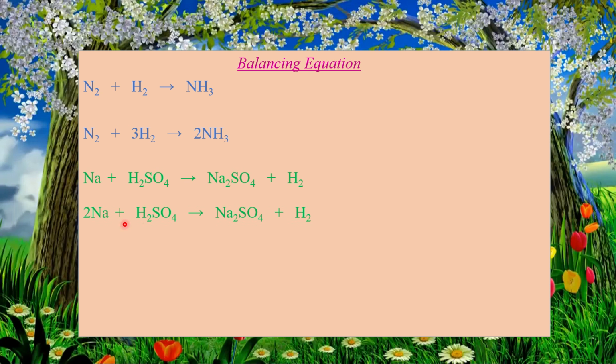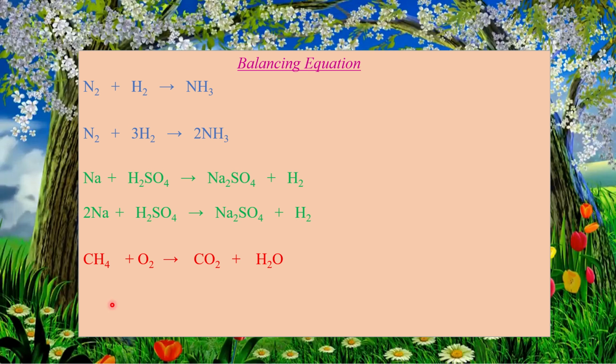So the balanced reaction is 2 sodium plus sulfuric acid gives sodium sulfate plus hydrogen. Now look, all the atoms are matched from reactant to product.